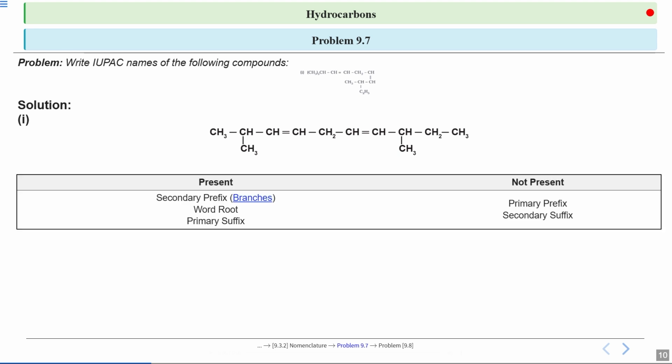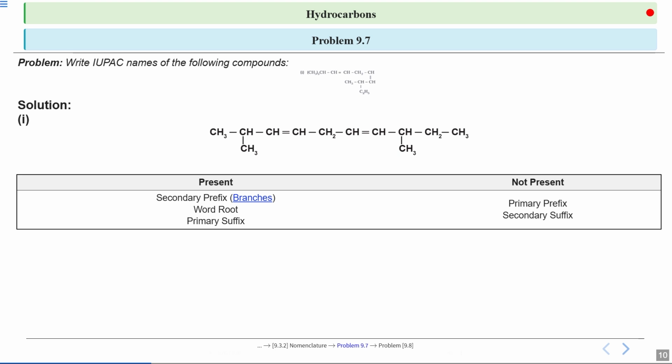Now what is the first step towards its nomenclature? Listing the prefixes and suffixes present in your given compound. So it will not have any primary prefix. Okay, primary prefix will be absent here. Then what about the secondary suffix? Is there any secondary suffix present here? No. So these two, primary prefix, which is used for cyclic compound, and secondary suffix, which is used for functional group, are not present here.